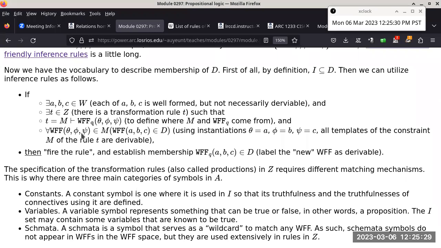If that is the case, if we can make that match, then WFF ABC would be a single element of D. Is that okay or not?